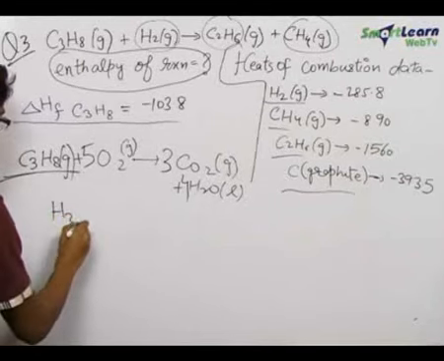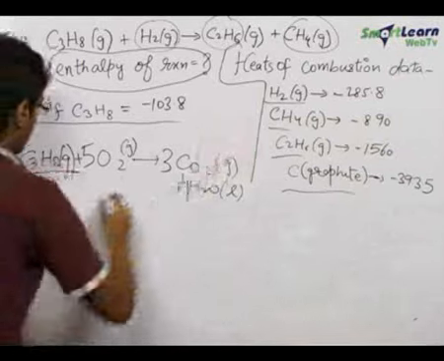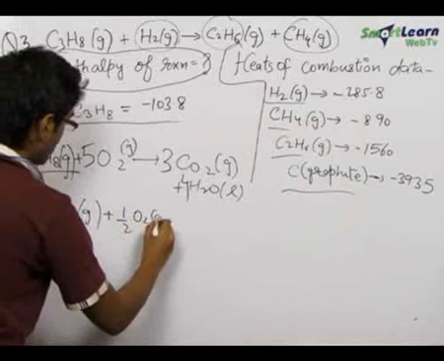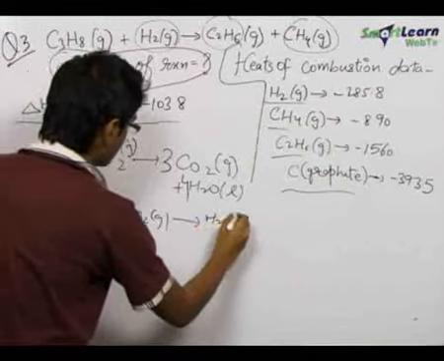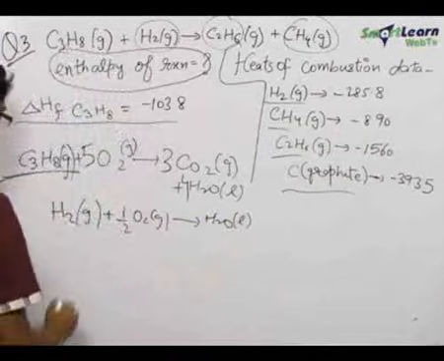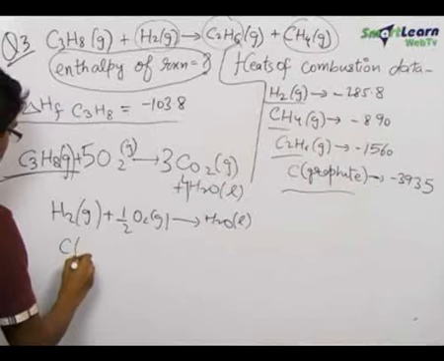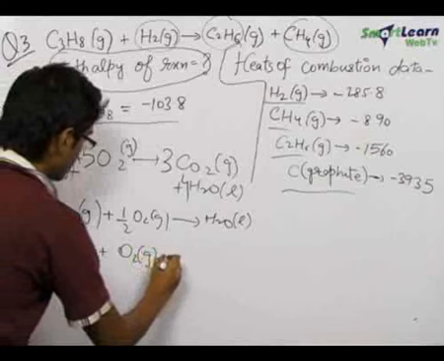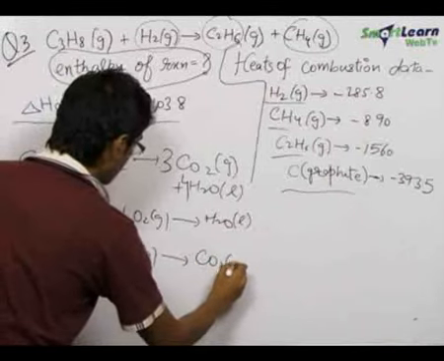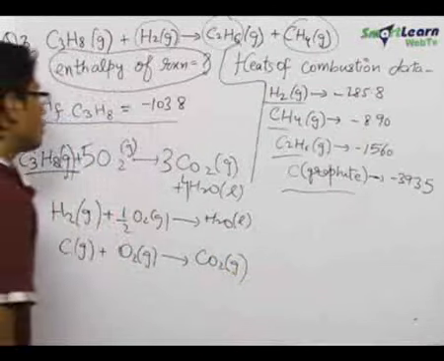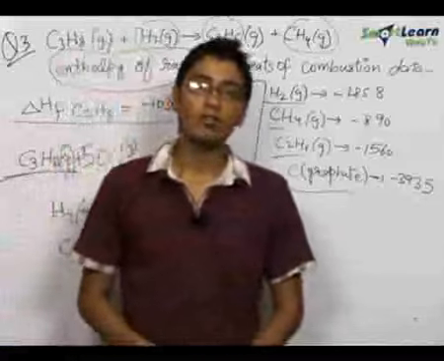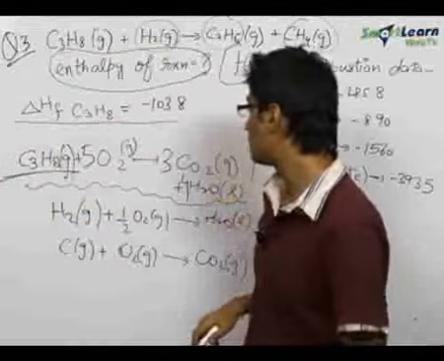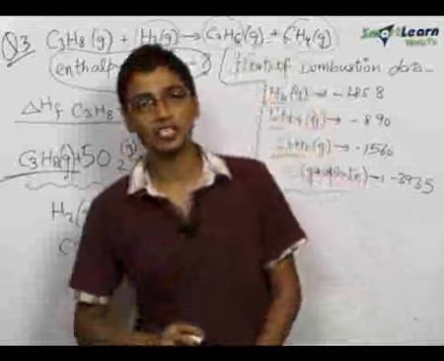What we have is the enthalpy of combustion of hydrogen, H2 plus half O2 gas giving water, and we have carbon plus oxygen giving CO2. Now another thing to remember is what is the enthalpy involved in any reaction.